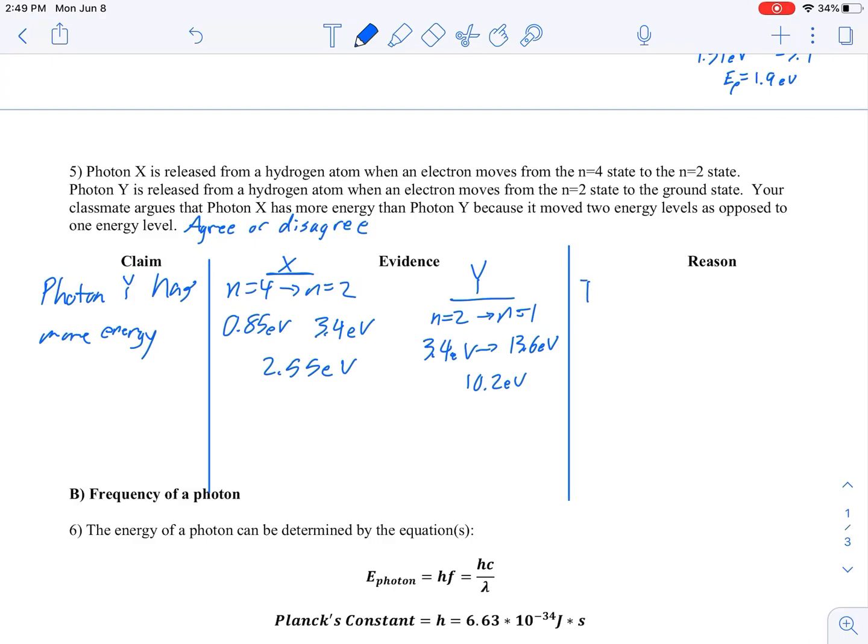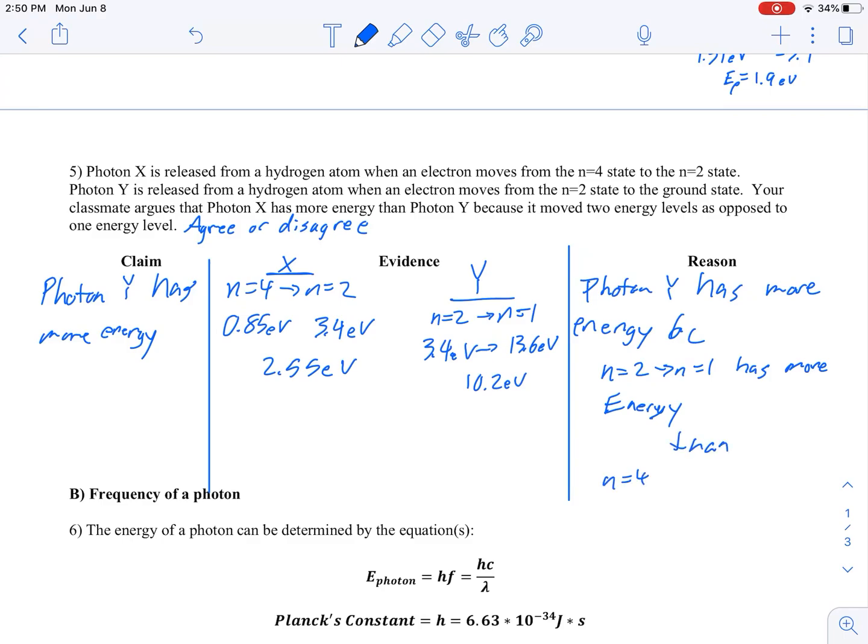So our reason is photon Y has more energy because n equals 2 to n equals 1 has more energy than n equals 4 to n equals 2. All right, so we just showed it there.